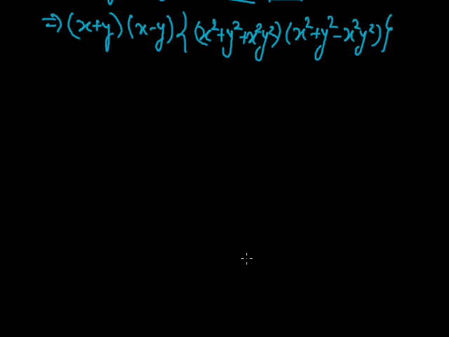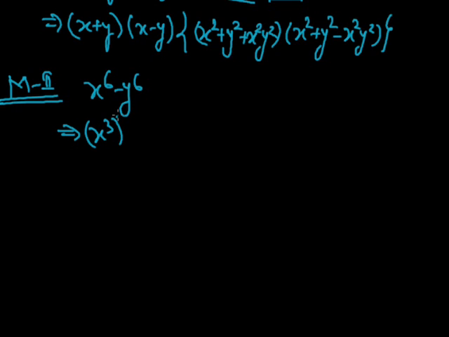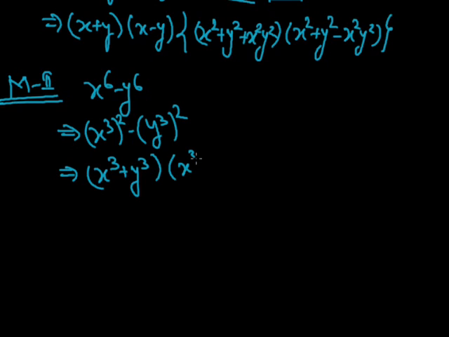We can solve it by another method also, like we have x raised to the power 6 minus y raised to the power 6. Now we can write it as (x cube) square minus (y cube) square. Now it is in the form of a square minus b square, that can be solved by (x cube plus y cube) and (x cube minus y cube).